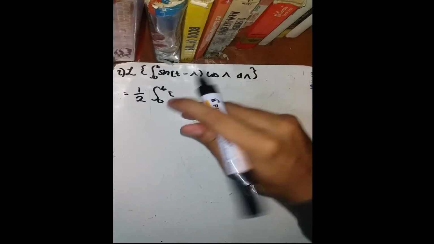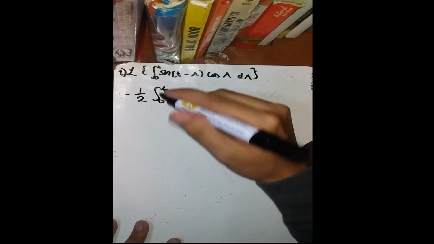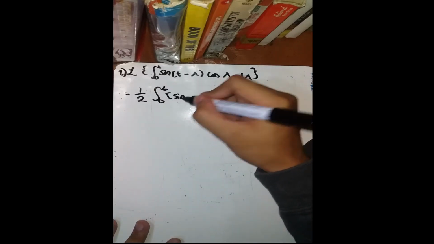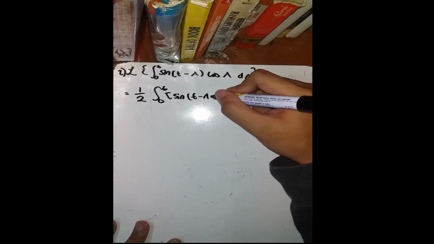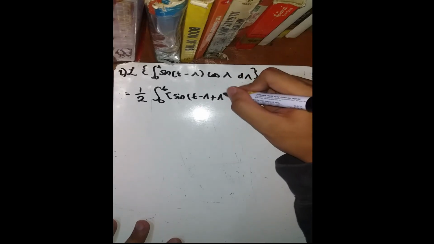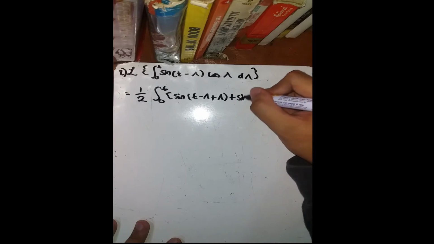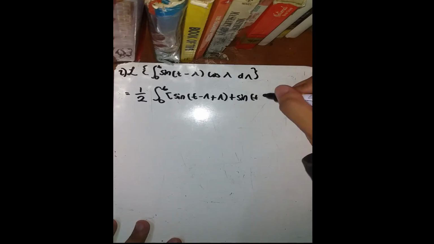Now we have here sine of t minus lambda plus lambda, plus sine of t minus lambda, d lambda.